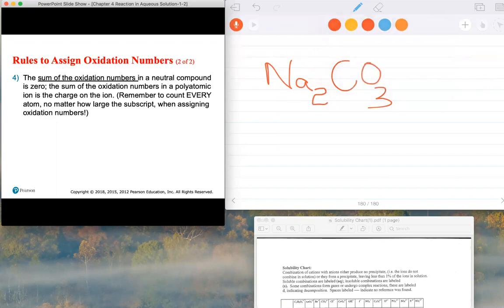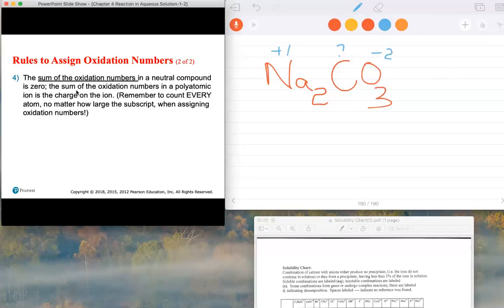Sodium is +1, it's group 1. Oxygen is -2. But we don't know the middle element, in this case, carbon.